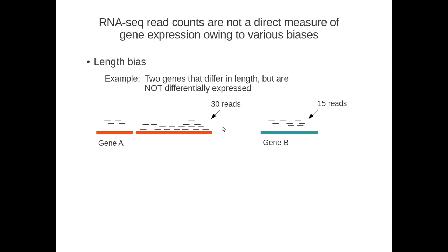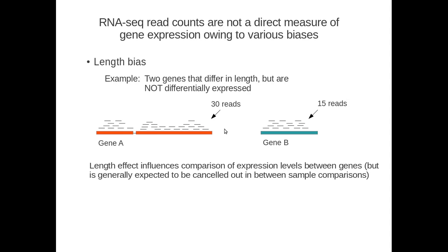Simply because gene A is longer than gene B, more copies of gene A's transcript end up being represented in our RNA read count. So here we have 30 reads versus 15 reads, which makes it look, unnormalized, like gene A is expressed at a higher level than gene B simply because it has more reads. So we simply have to remove this length bias from our analysis.